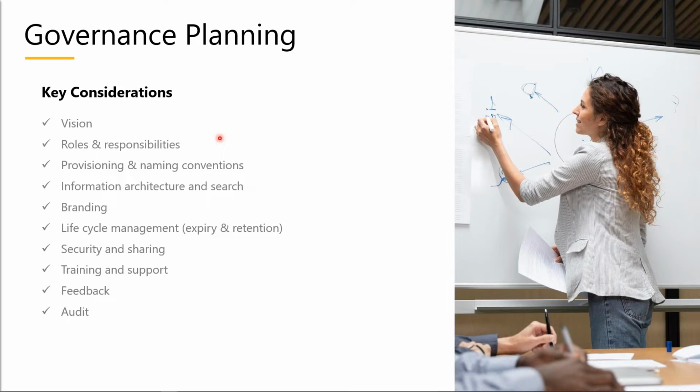He is responsible for creating site collections and maintaining external sharing and things like that. The site collection administrator is responsible for creating, configuring, and maintaining sites within that site collection. And the site contributors need to contribute content to the site collection per site. Like that, define roles and responsibilities at each and every level.